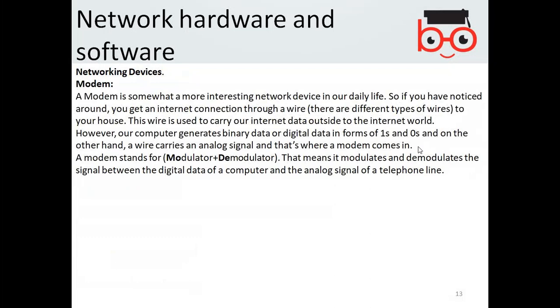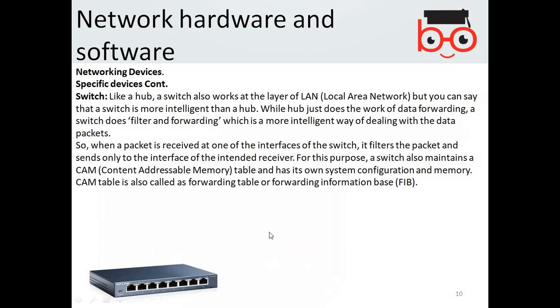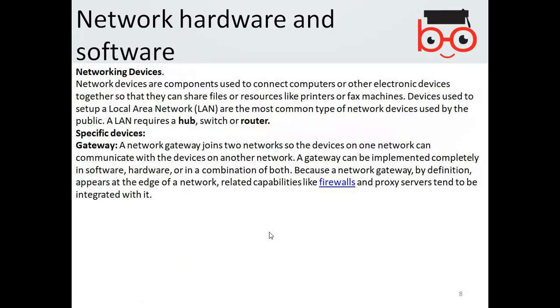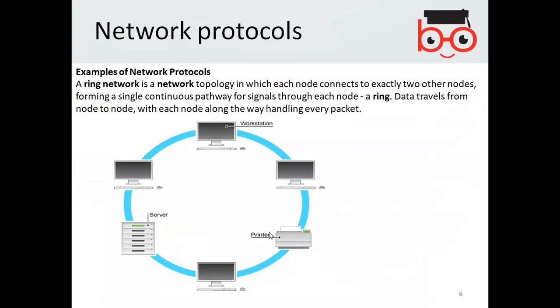If it is within the building, then it will be an Ethernet network. You get connected with your router, which has a modem as well as a switch, and then you get communicated, and possibly the interconnections could have a bridge, maybe a gateway, and so on. And they basically all work under a kind of protocol and topology, that is, how your network is connected.